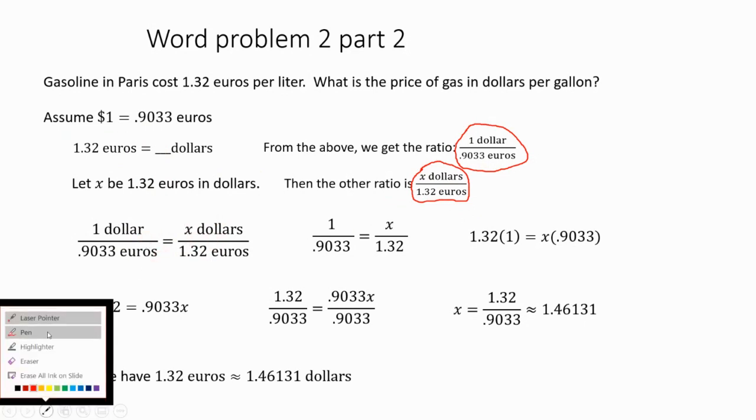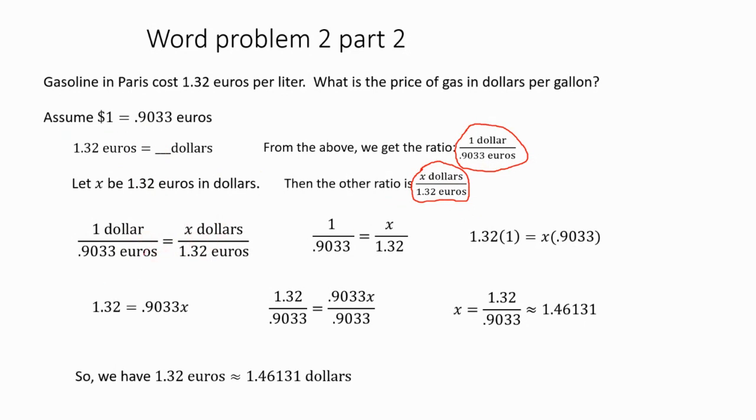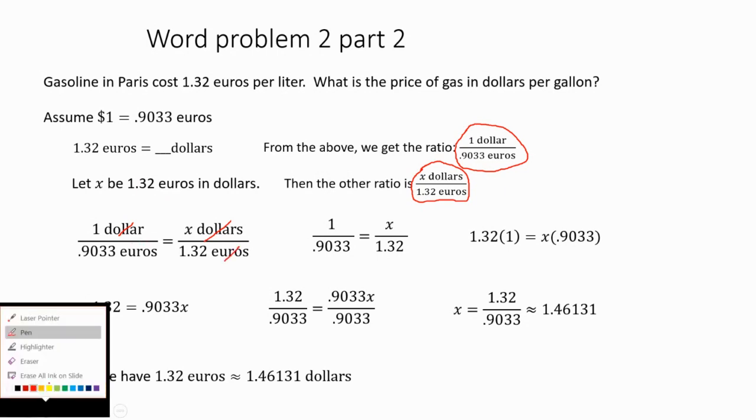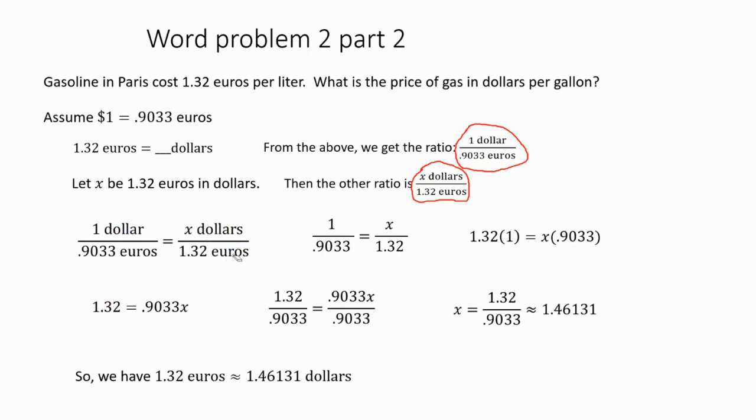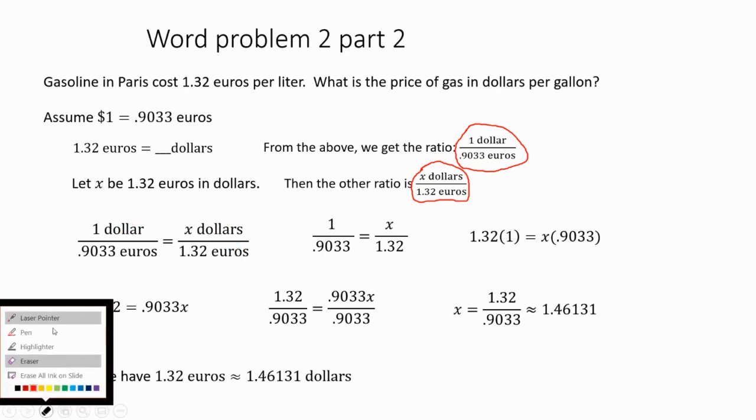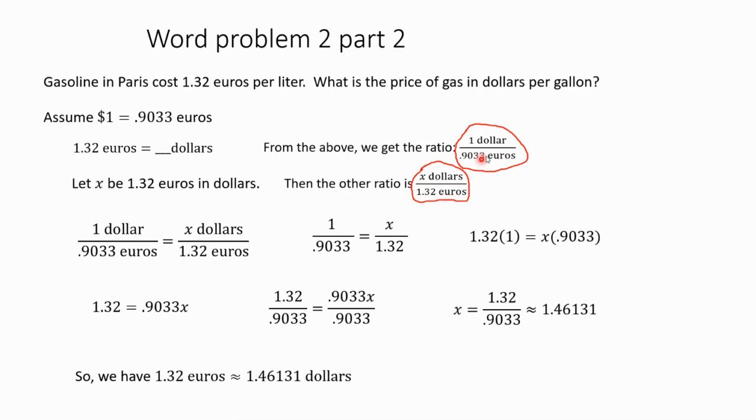Okay, awesome. And really for this part, that's the hard part. Once you get that proportion, you basically just follow the procedure, so to say. Namely, you cross off units, like so. Actually, before I do that, let me just say this. If with these ratios you flip them, so you had euros over dollar, that's fine.